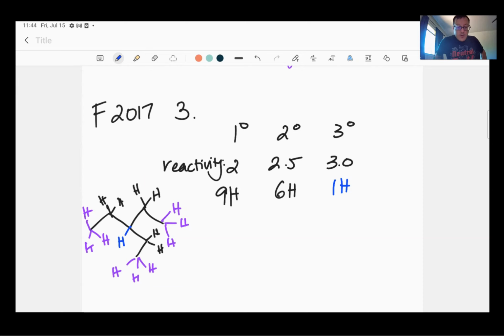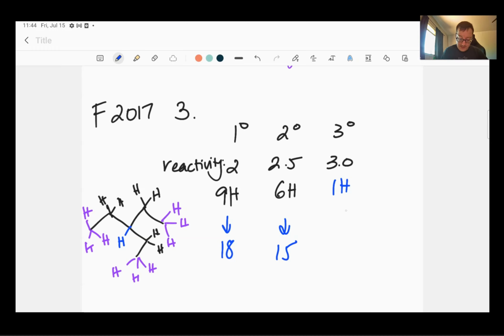Great. So with this, what we want to do is simply multiply the reactivity by the number of hydrogens that we have. And then from that, we're going to be able to determine the product ratios. So 2 times 9 will be 18. 2.5 times 6 is 15.